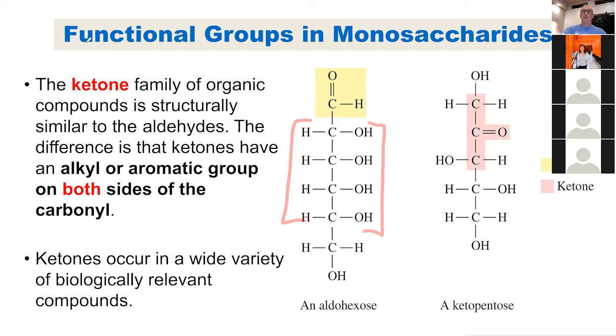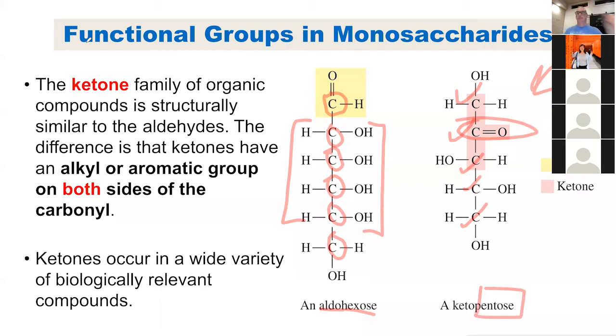So we would call this an aldohexose because it has 1, 2, 3, 4, 5, 6 carbons. This molecule we would call keto because it's got a ketone functional group, and it has 1, 2, 3, 4, 5 carbons. So we would call that a ketopentose.